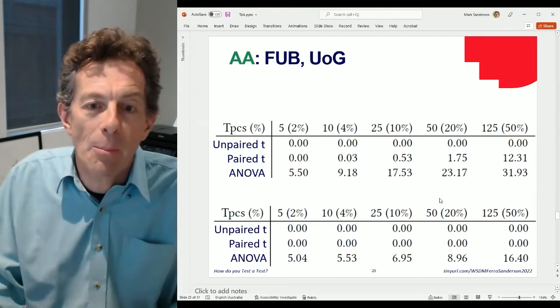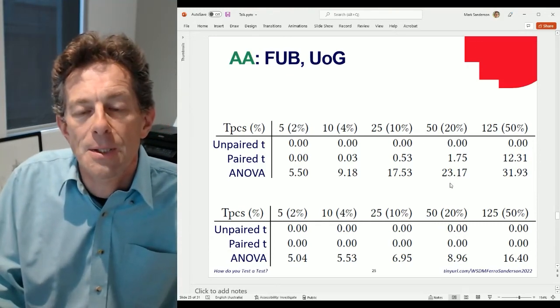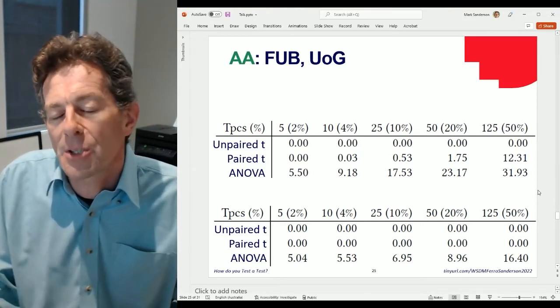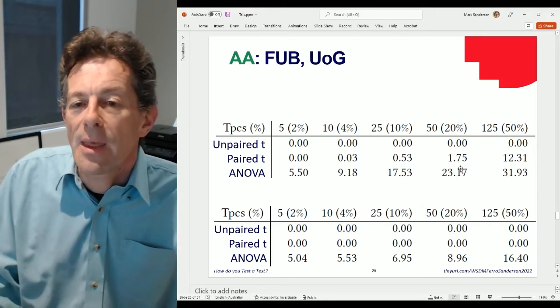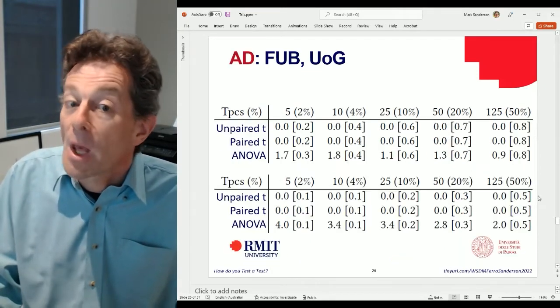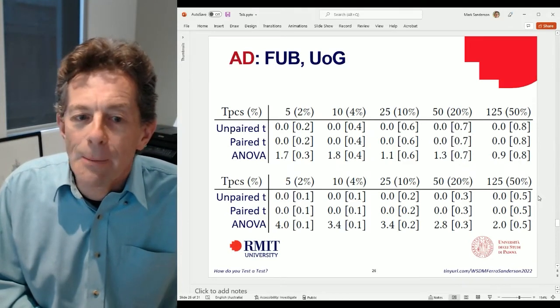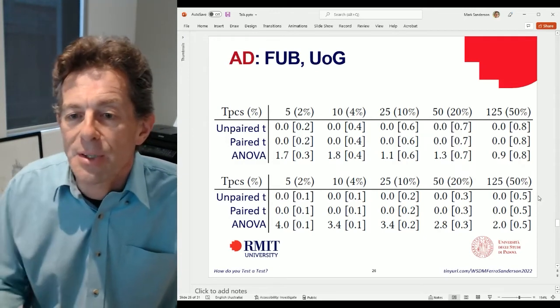We're going to show you a couple of tables here, one from the group FUB and one from the University of Glasgow. So when we look at the AA tables, we see a similar picture to what we saw earlier, ANOVA getting more AAs than the paired and unpaired test. When we look at AD, we find that ANOVA is doing even worse than it was when we were testing on the large number of runs.